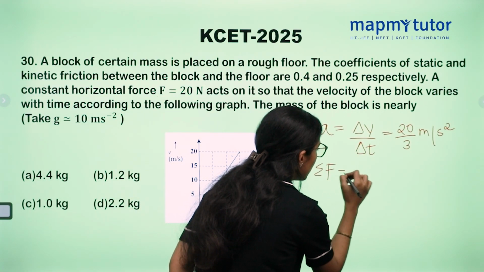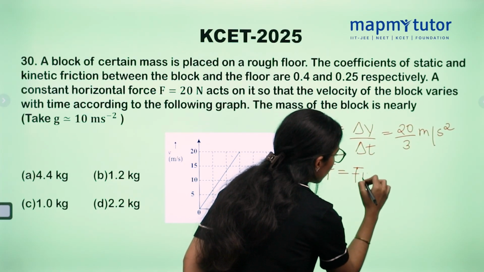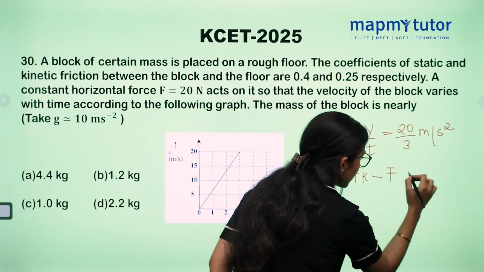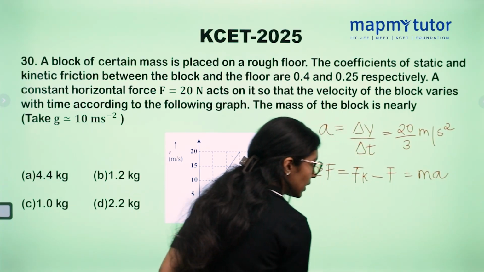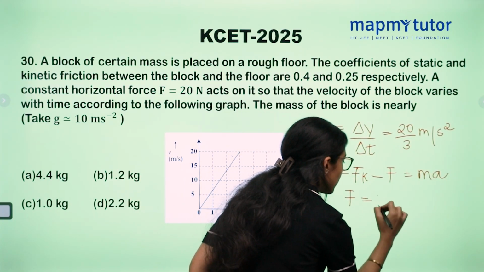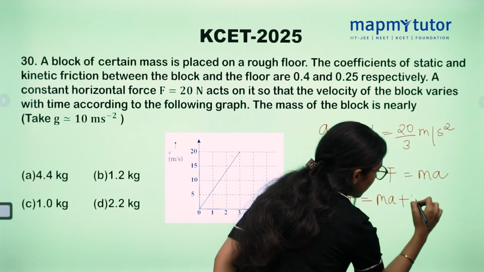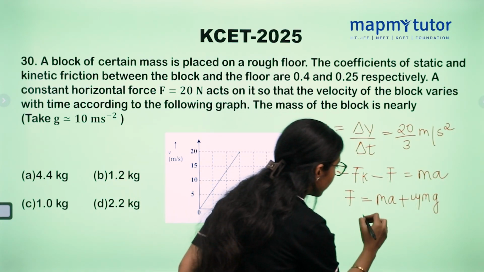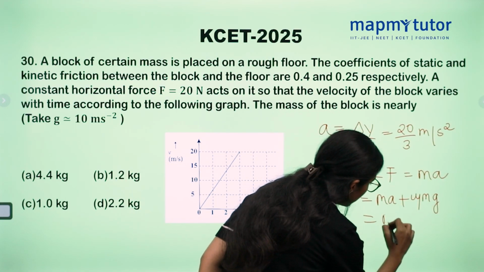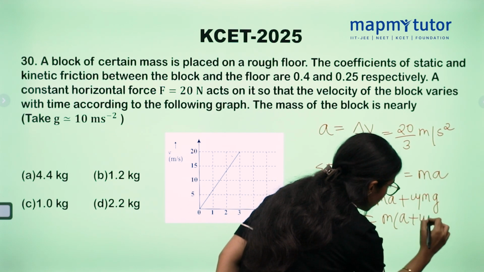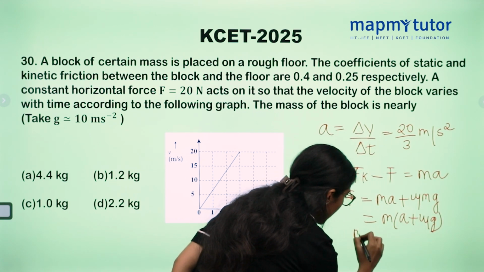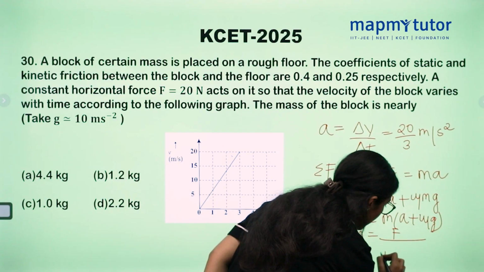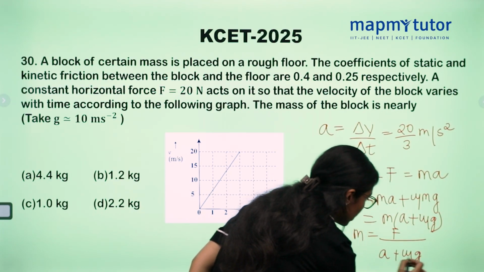Net force will be equal to the external force minus friction, which will be equal to ma. From here I'll get F, that will be ma plus mu k mg. Taking m common, F equals m times (a plus mu g). So m will be equal to F divided by (a plus mu g).